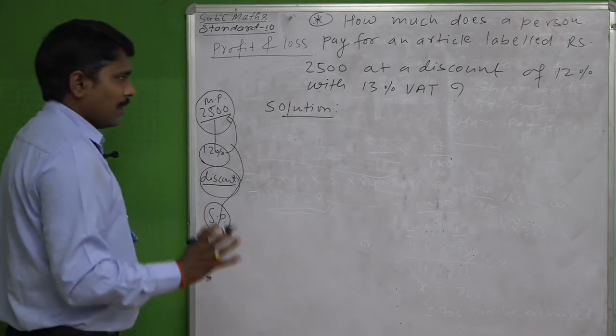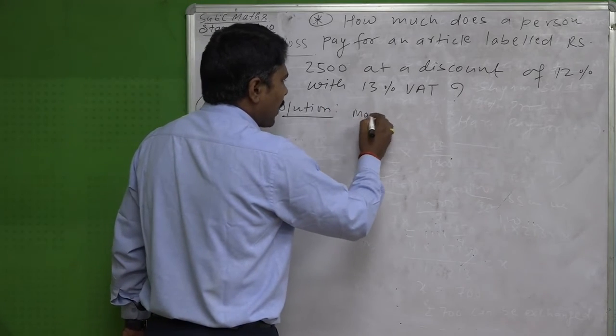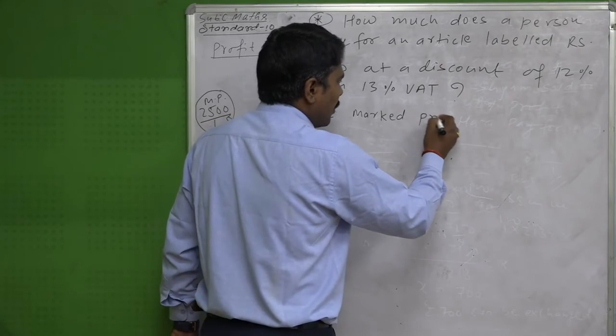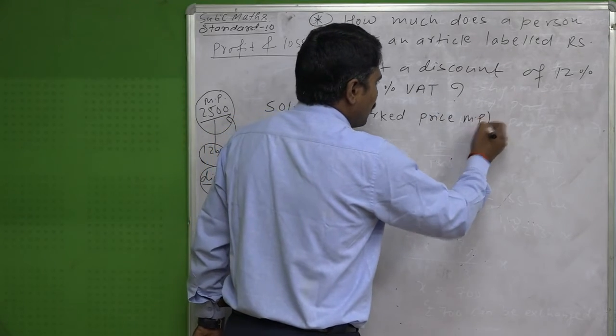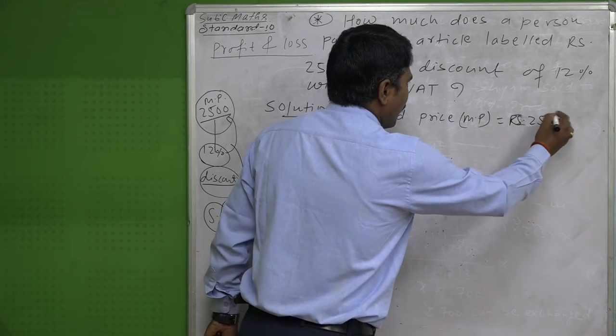So here, what is given? The marked price, or you can write labeled price, is given: rupees 2500.